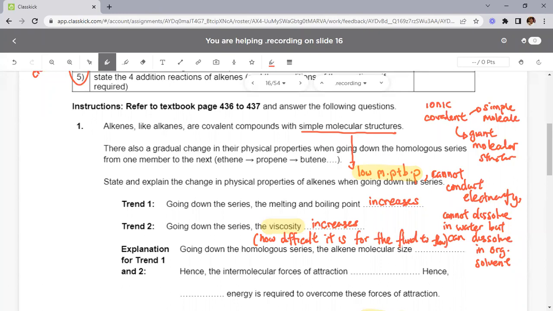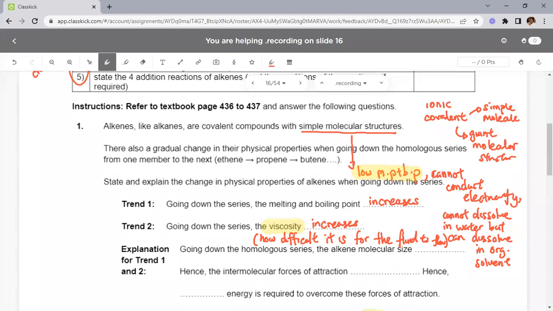You can always compare water and oil. Water is considered quite easy to flow. Once you pour, it will just flow out like that, right? But when you pour oil, you realize it's thicker. It's actually harder to flow. So we say that high viscosity is like oil, low viscosity is like water. That's the idea of what viscosity is.